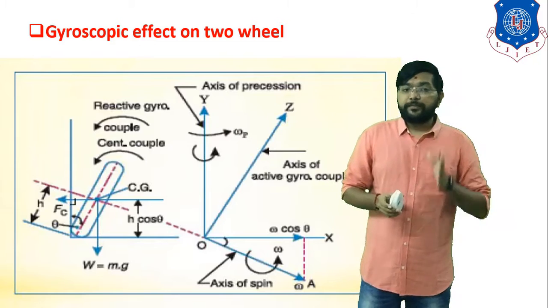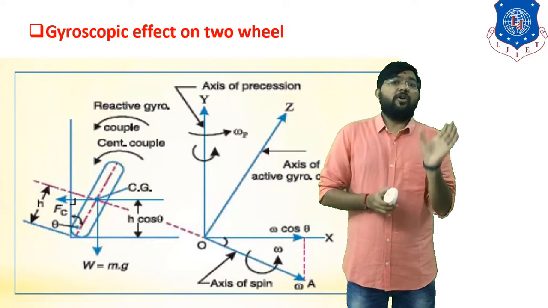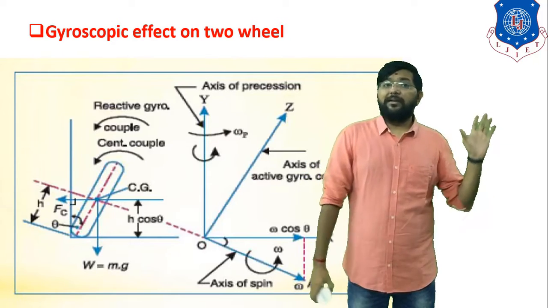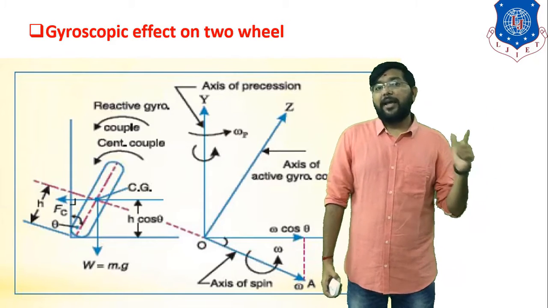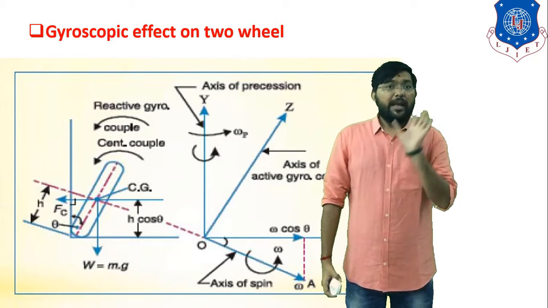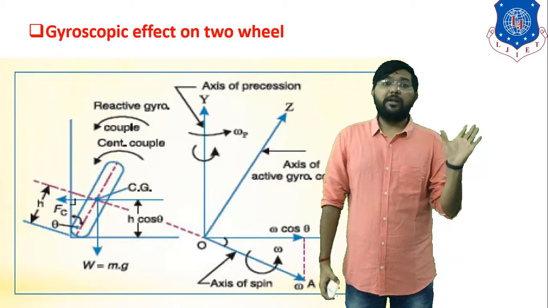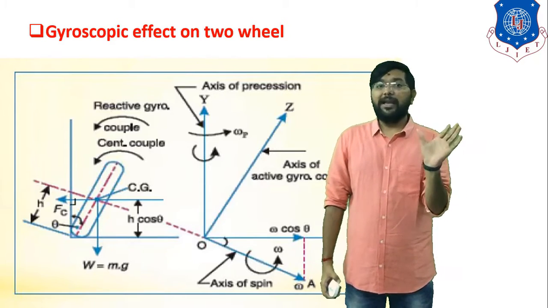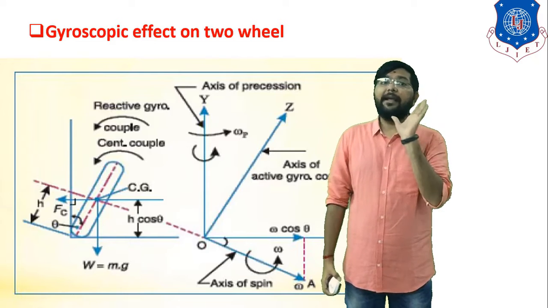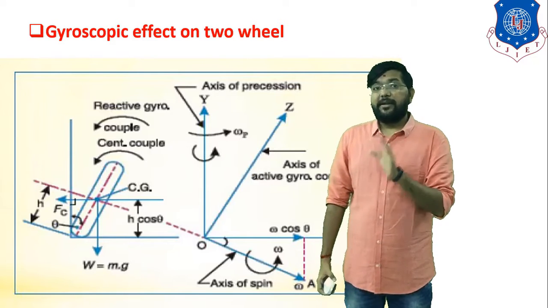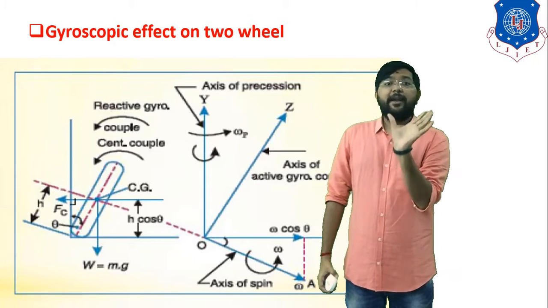Okay. Now, the equation of the reactive gyroscopic couple we already derived, that is I omega omega p. I indicates moment of inertia, omega indicates angular velocity of wheel, and omega e indicates angular velocity of engine. And what does omega p indicate?